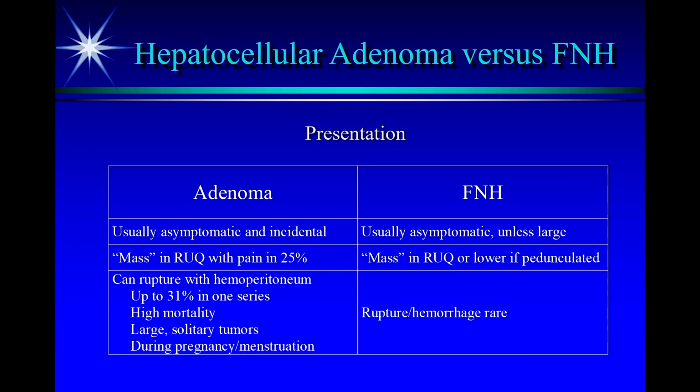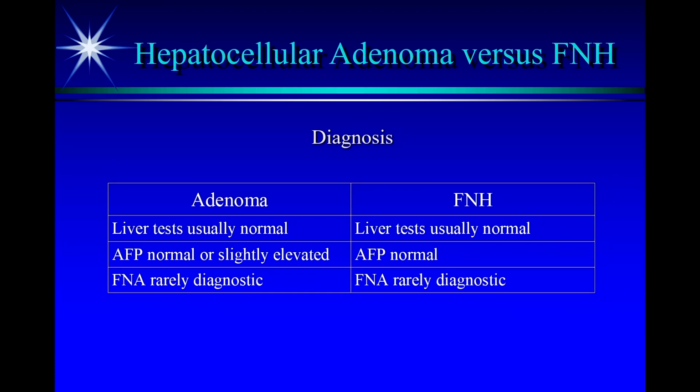The presentations are very similar. The big distinction in natural history is that an adenoma has the potential to rupture and bleed. So that is something to be aware of. FNHs, for the most part, there's no risk of rupture or bleed. So that's one important distinction.